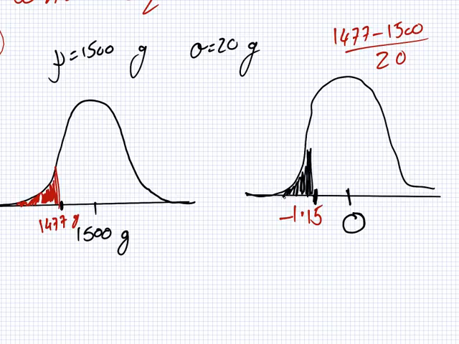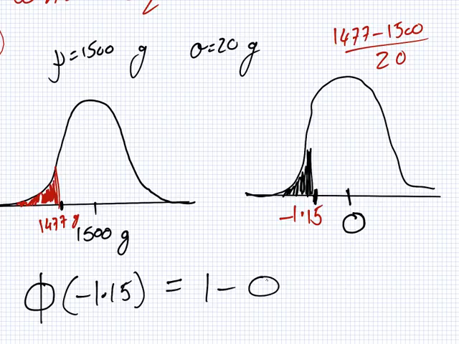Do you remember what I mean when I write this symbol? The table book. This is the table book value for minus 1.15. But there's a problem. There's no minus. And do you remember the trick for fixing that? It'll be 1 minus the table book value of 1.15, because the table book gives us the area to the left.